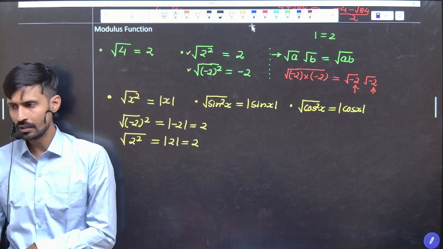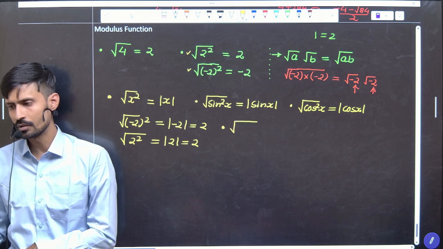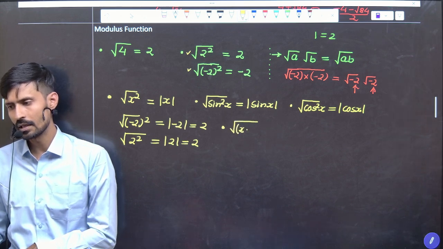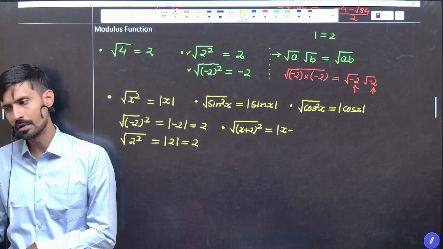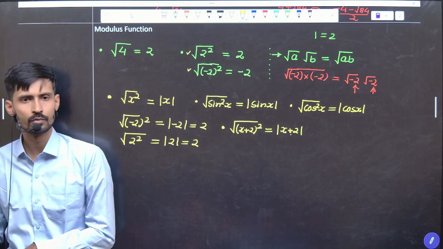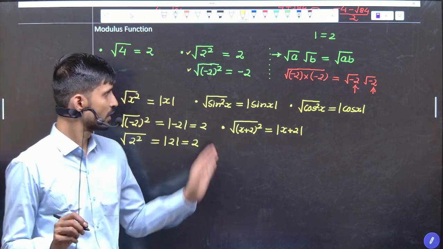If I write the square root of (x plus 2) whole squared, that will be mod of x plus 2, like that. So you are going to write this. Okay, write down all this.